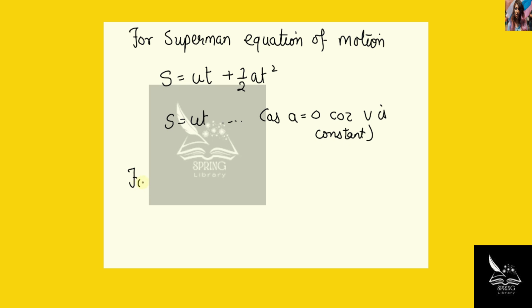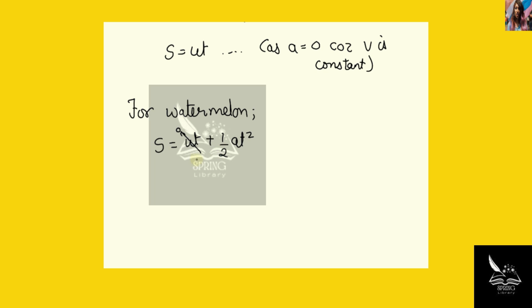Now for the watermelon, similarly we can write down the equation of motion, S is equal to ut plus half at square. But u is 0 because it is dropped, so initially it will have 0 initial speed, so that will be half at square. Now, at the instant when they both meet, they are asking when it passes.